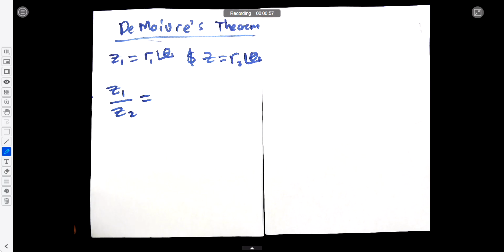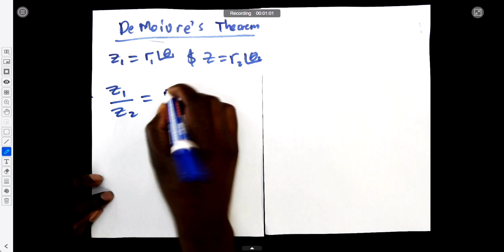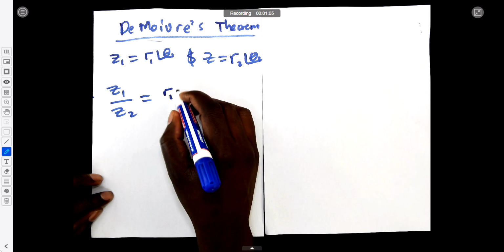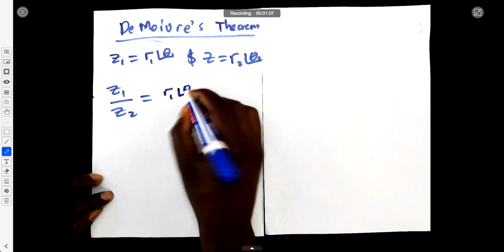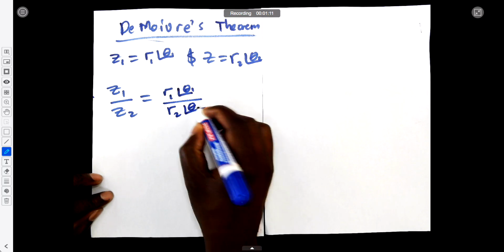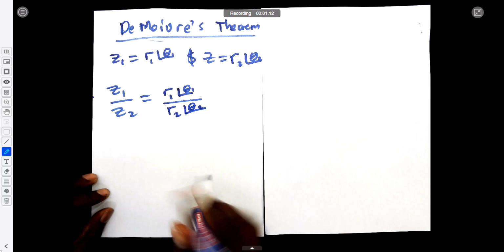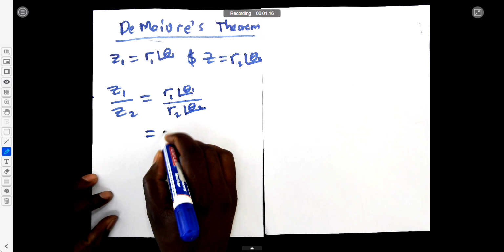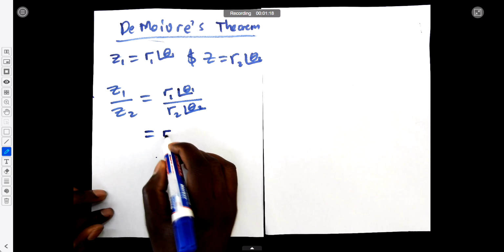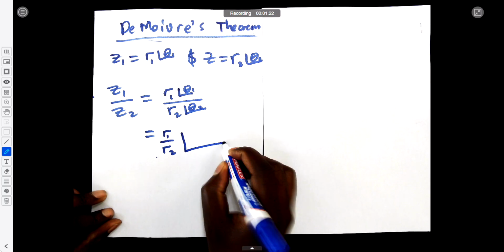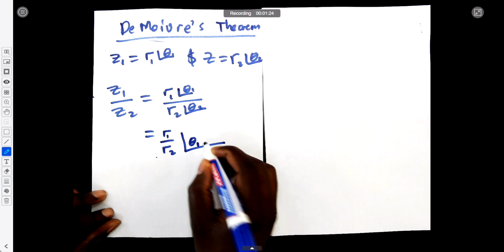So if we're dividing z1 by z2, de Moivre's theorem says that we'll divide. Let me write r1 augment theta 1 divided by r2 augment theta 2. So de Moivre's theorem states that we are going to divide the modulus r1 by r2 and we are going to subtract theta 2 from theta 1.